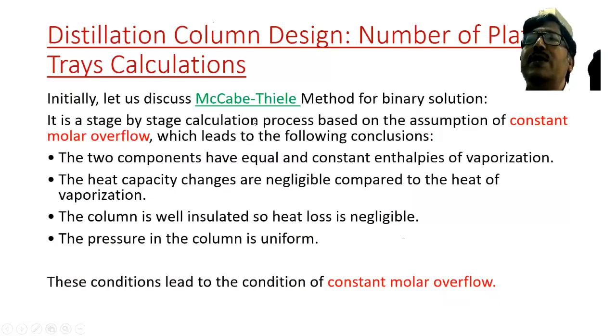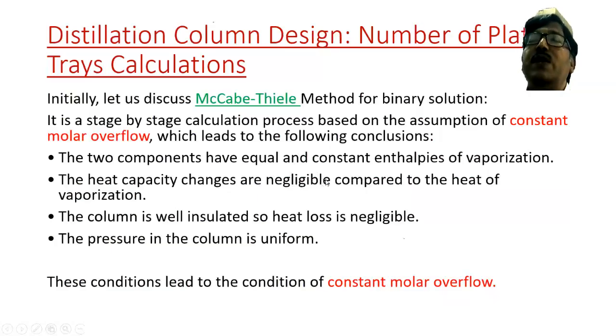So liquid flow rate in the rectification section is constant in all stages, tray to tray. Liquid flow rate is the same. Similarly, vapor flow rate is also the same. They are not changing, constant. Whereas in the stripping section also, liquid flow rate and vapor flow rate are constant.